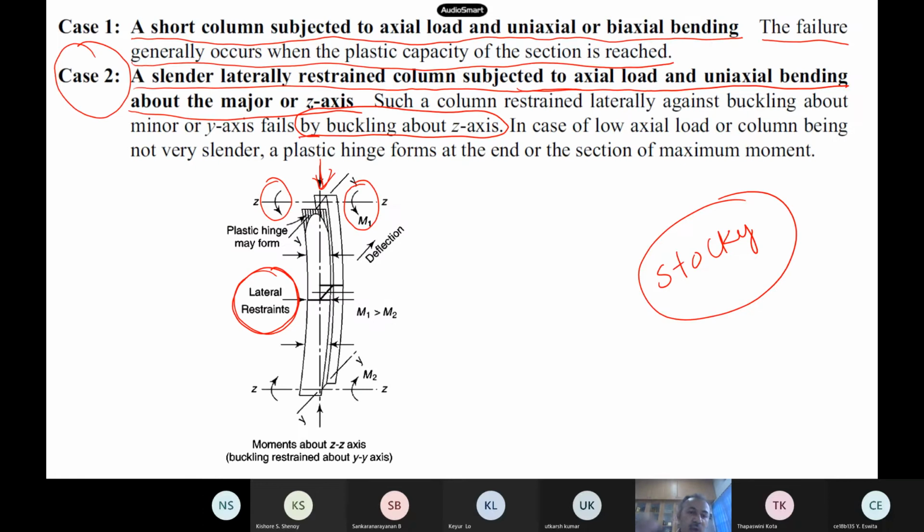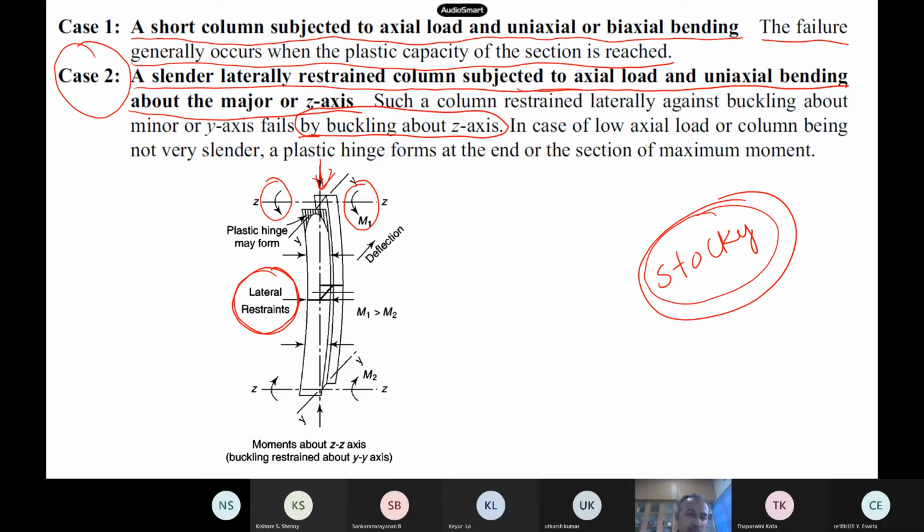It's straightforward, but there are some cases. You have to consider how the column behaves during biaxial bending as well as compressive load, depending on whether the bending moment acts along the major axis or the minor axis. So you can have a variety of combinations. One is the stocky, classical short column, where the plastic hinge and other things get formed.